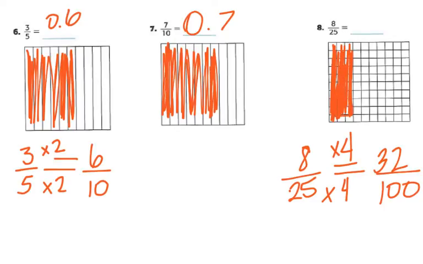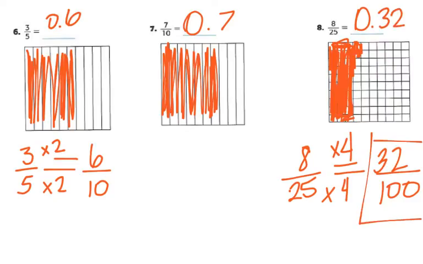That represents 30. And then you would have 2 more to shade. Hopefully your shading looks much better than mine with a stylus. So 32 hundredths can simply be written as 0.32.